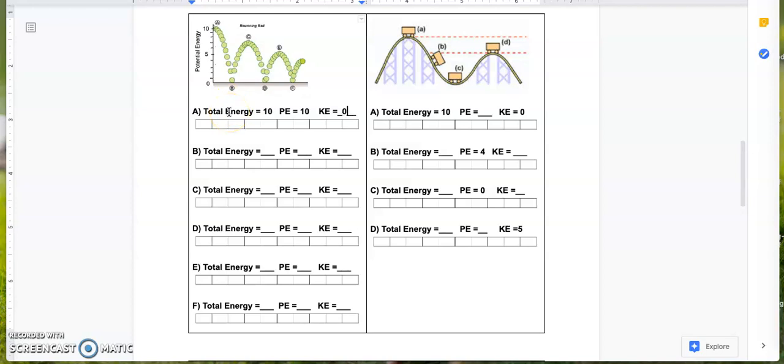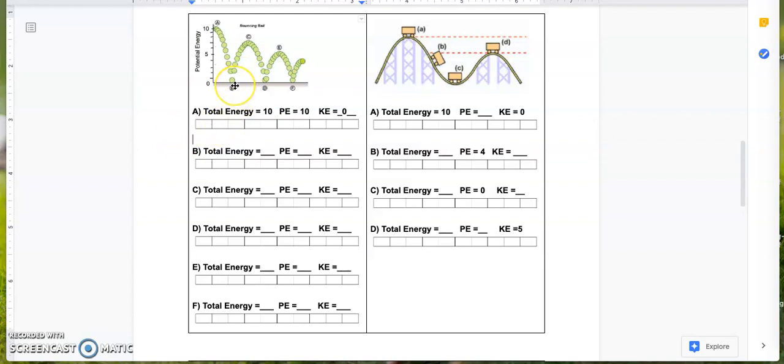Hopefully you've already thought to yourself that that kinetic energy must be 0, because 0 plus 10 equals 10. If we were doing this with colored pencils, we would take these bars and we would color all of them a potential color and none of them a kinetic color. However, digitally, it's not set up for that.